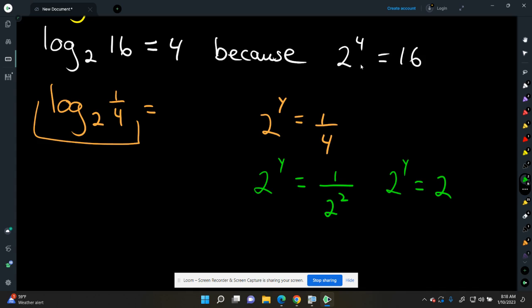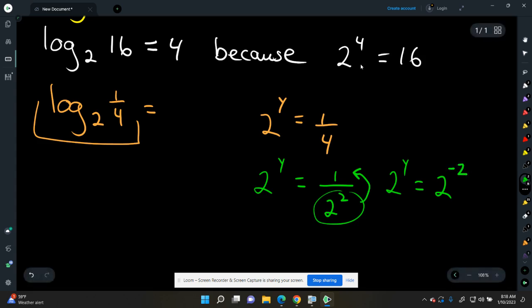How can I rewrite the 1 over 2 squared without using a fraction? Almost. What do I do? How do I move this up here? -2.